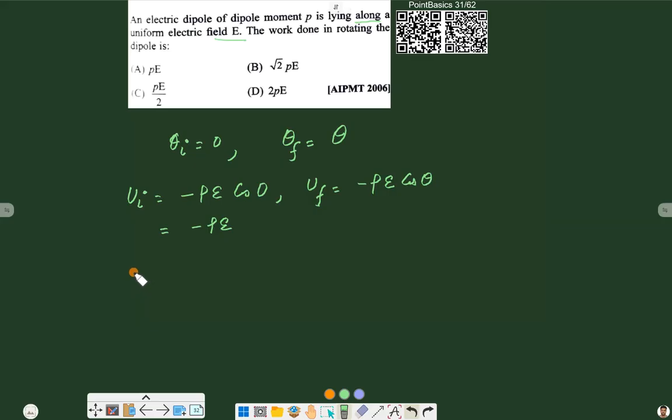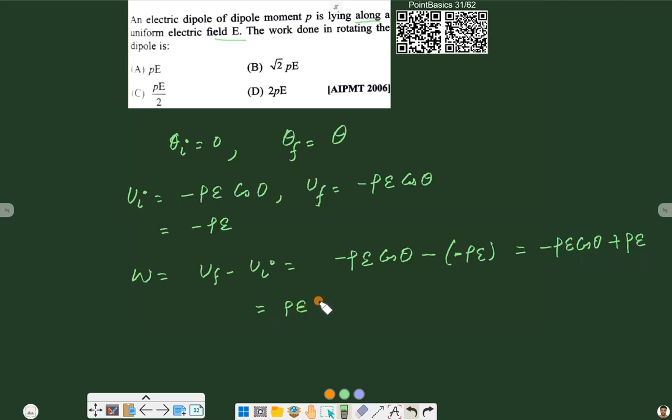So this will become minus PE, and this will stay as it is. So we can say work done will be U final minus U initial. That will be minus PE cos theta minus of minus PE. So this will become minus PE cos theta plus PE, and from this we can take PE common, and this will be PE times 1 minus cos theta.